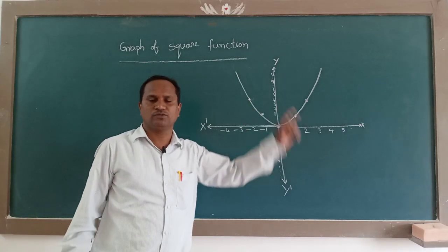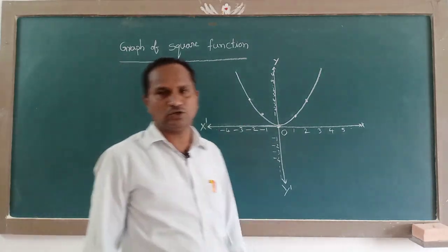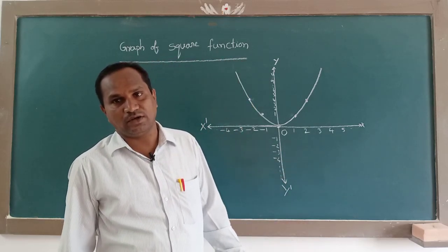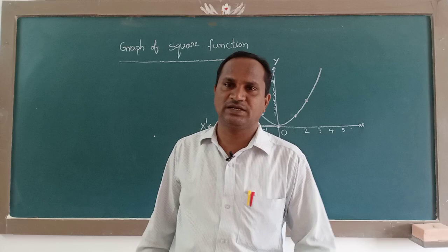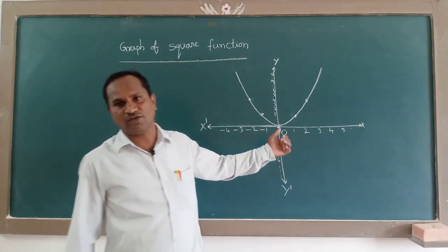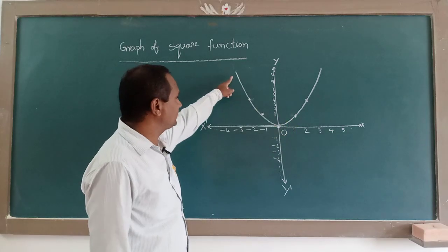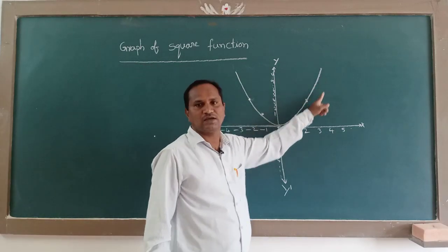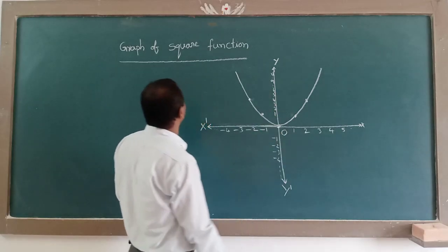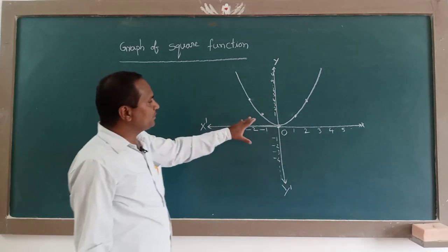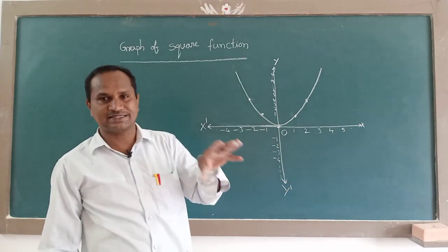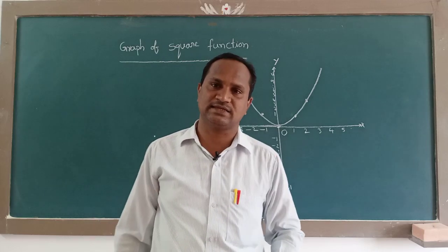A U shape will come. It is symmetric to the y-axis. In the previous class we got a V shape, that was the modulus function. The square function means a U shape, it is a curve. That is why the graph of the square function is always a U shape, and at the same time it is symmetric to the y-axis.